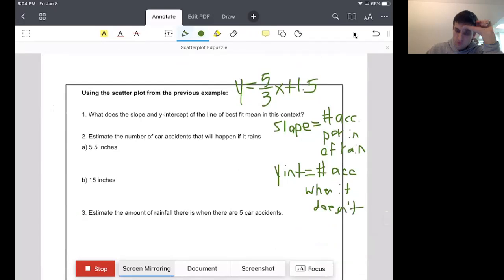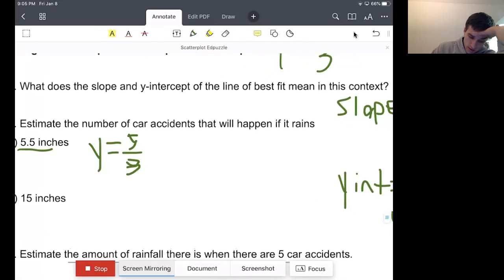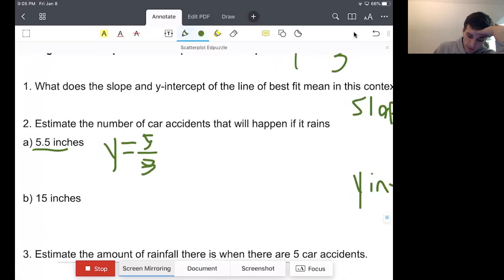Again, if I'm going too fast, just pause and rewind. That's perfectly fine. Now, estimate the number of car accidents that will happen if it rains 5.5 inches. So I'm going to plug in y equals 5 over 3 x plus 1.5, where x symbolizes my amount of rainfall.